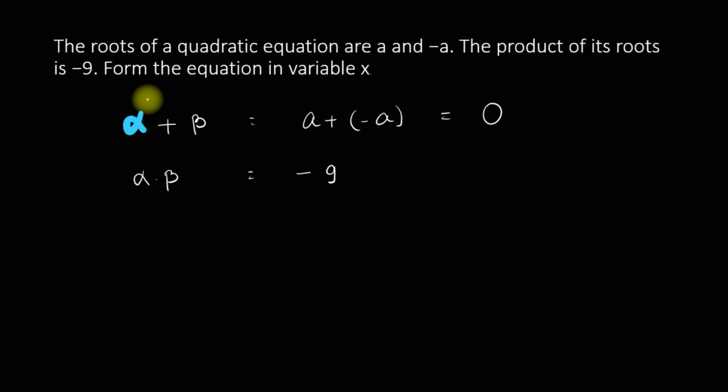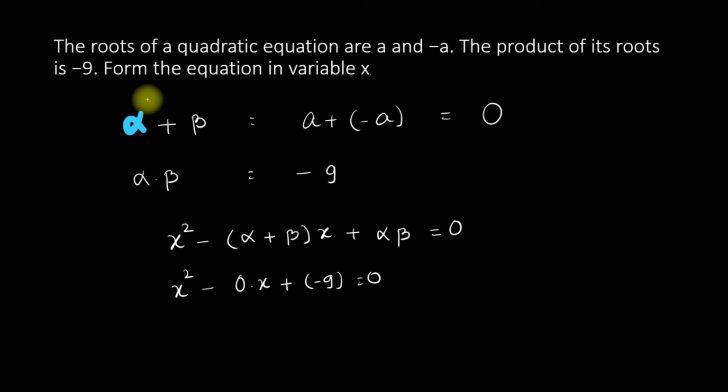As we have to form an equation in variable x, the quadratic equation can be written as x square minus sum of roots, that is alpha plus beta, into x plus product of roots, that is alpha into beta, equal to 0. So putting these values, we get here x square minus alpha plus beta is 0, so 0 into x plus alpha into beta is minus 9, so this is equal to 0.